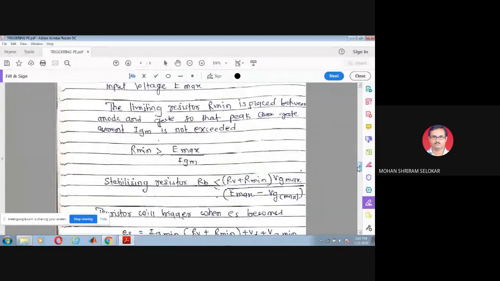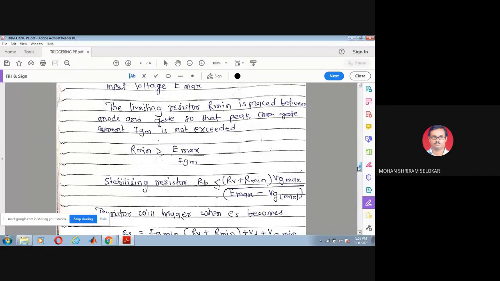So this is the limiting resistor. Rmin is placed between the anode and the gate so that the peak gate current IGM is not exceeded. Again I am telling you, the current should not be more than IGM, the sustaining value of the gate current, even though RV equals 0. Otherwise, what will happen?